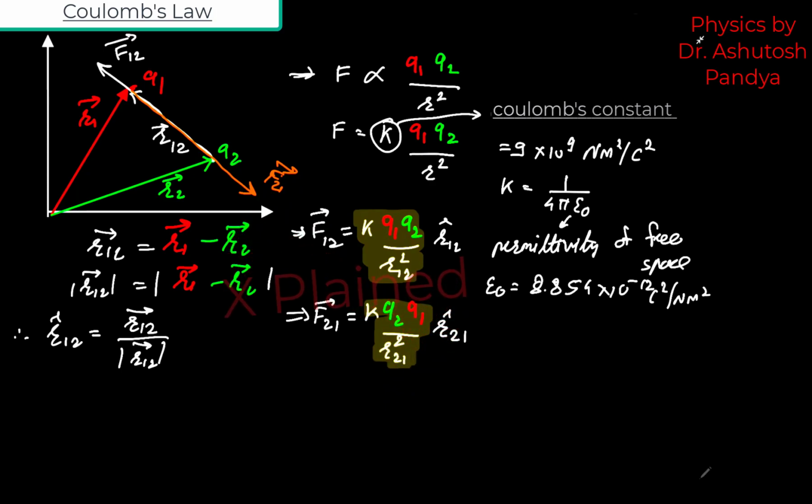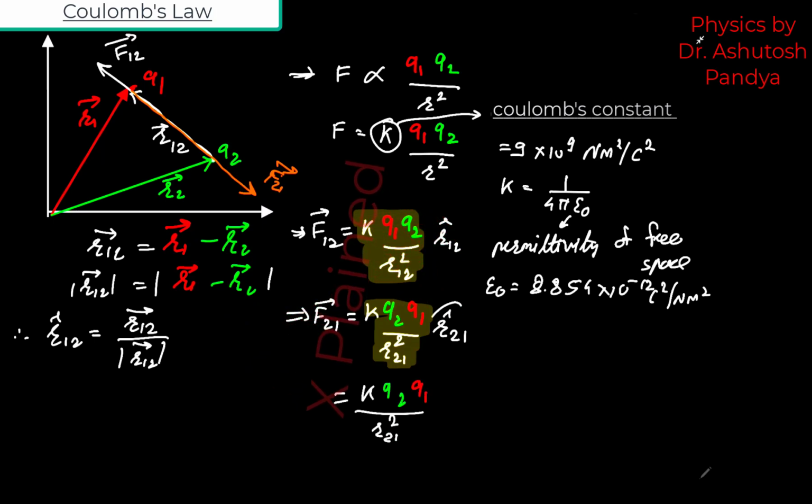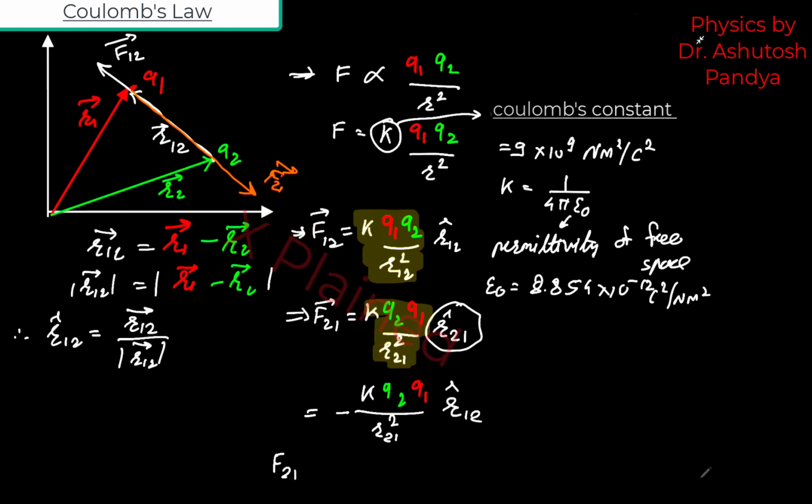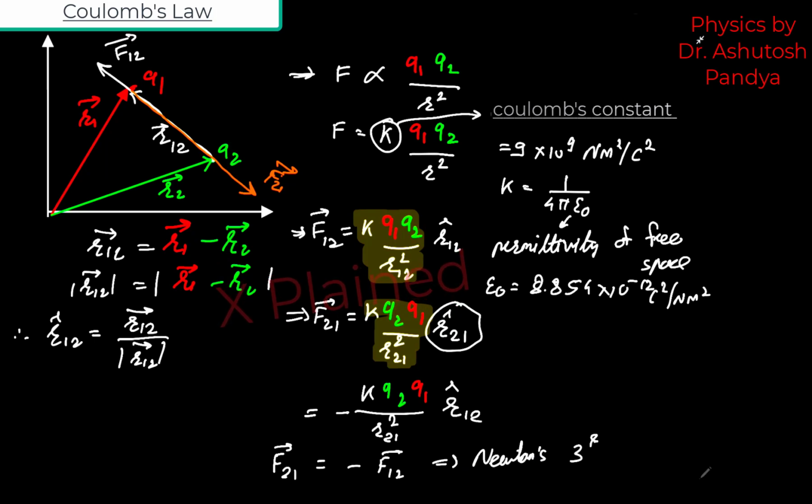The only difference is in direction. So we can say the magnitude will be the same and R21 cap is actually the negative of R12 cap. So we can say force F21 is actually minus force F12. That means Coulomb's law also obeys Newton's third law. So tada!